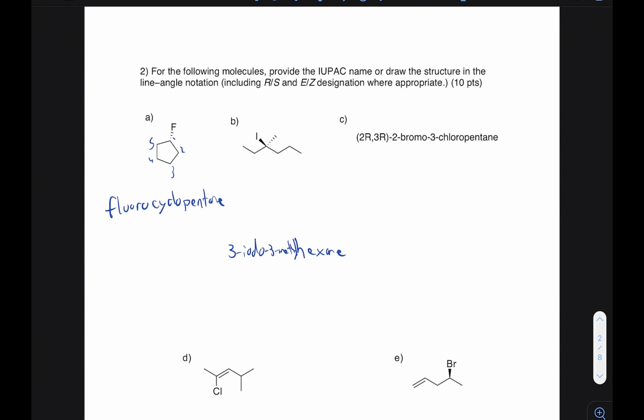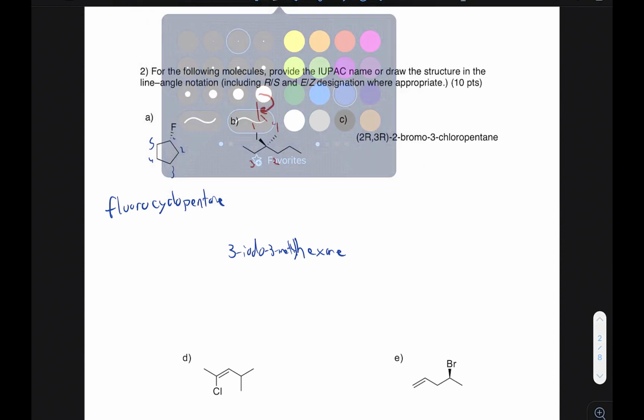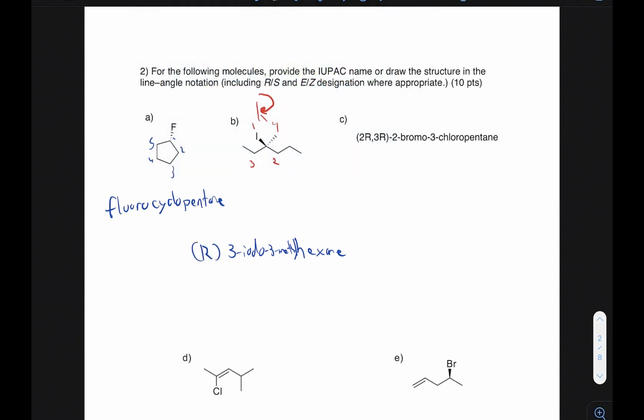In terms of priority, pretty easy. We know iodo is first, and then we're looking at our 3 different carbons. The longer the carbon chain, the higher the priority. So iodo is 1, propyl group is 2, ethyl group is 3, and our methyl group, already in the back position, is 4. So we're going clockwise, which we know is R. So we have R, or 3R if you want, 3-iodo, 3-methylhexane.